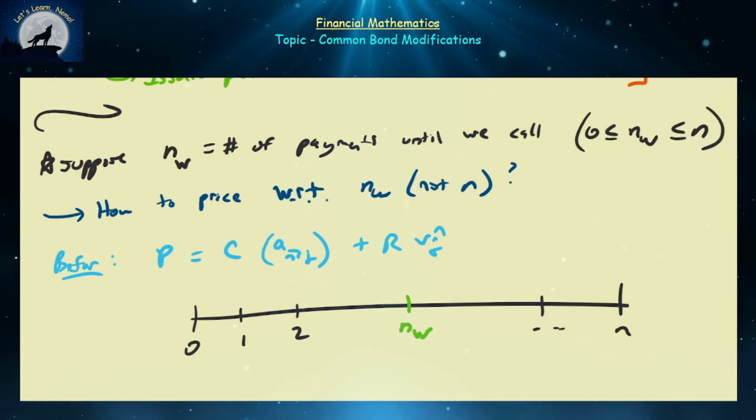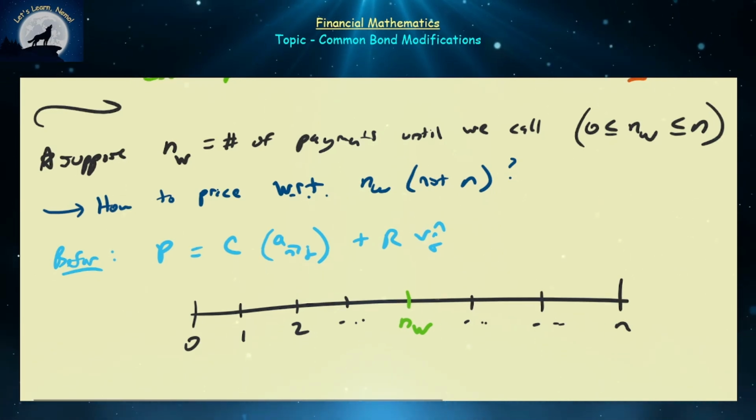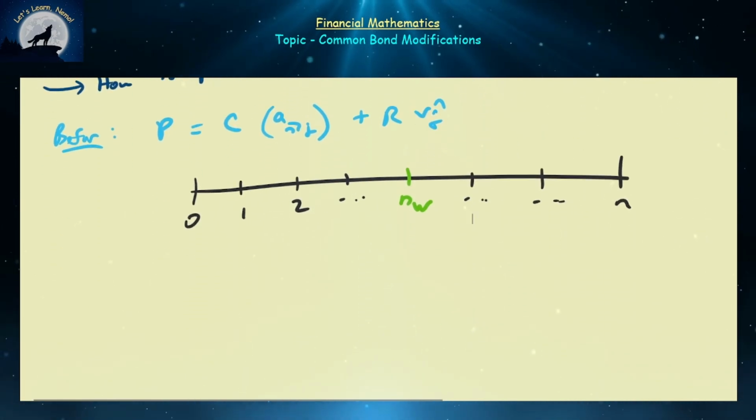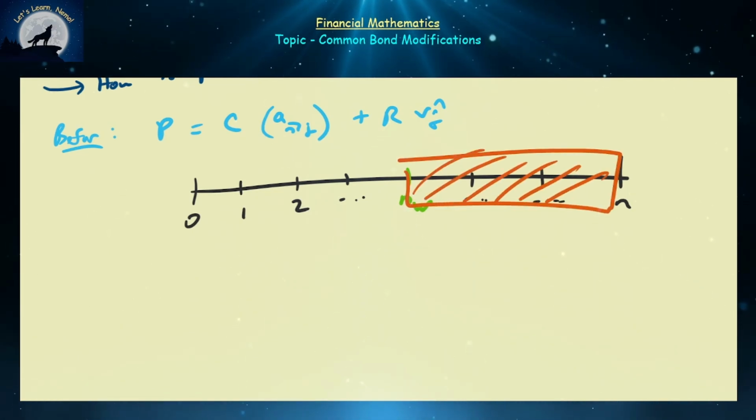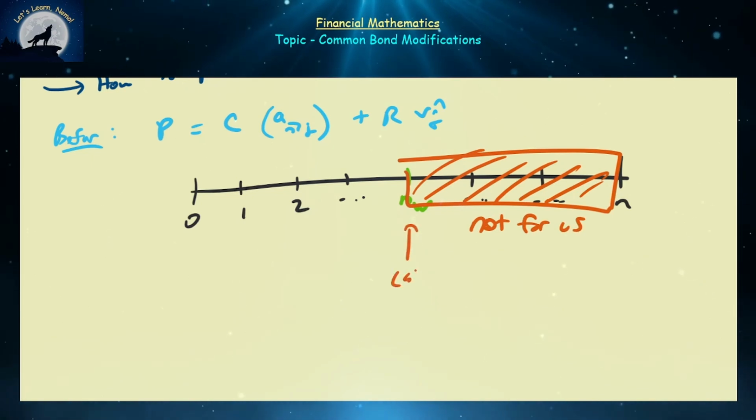We want to call for whatever reason, right? Interest rates go down, and we want to just sell this bond and make some profits elsewhere, right? So in this particular scenario, this phase of the bond is not for us, right? Because we're going to call here, provided that we can. So we only have NW payments that we need to price with respect to, right?